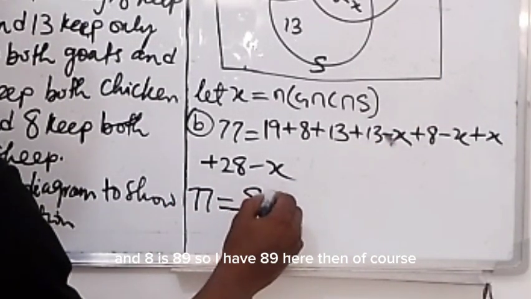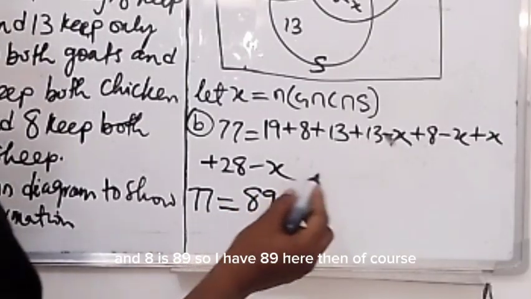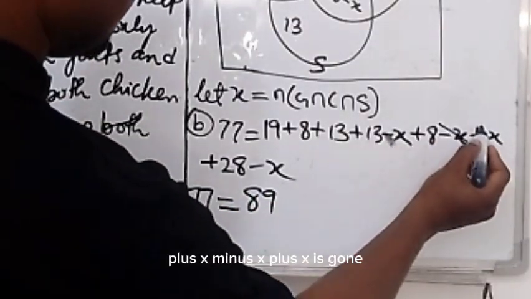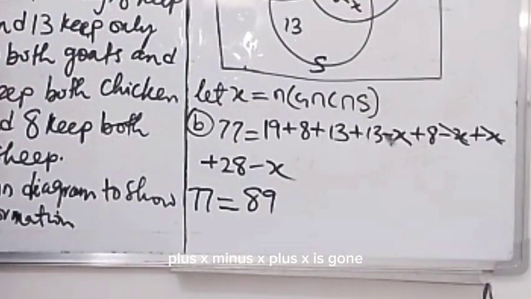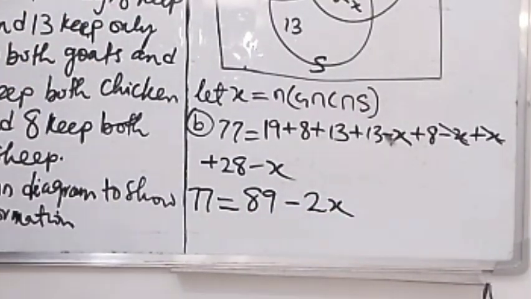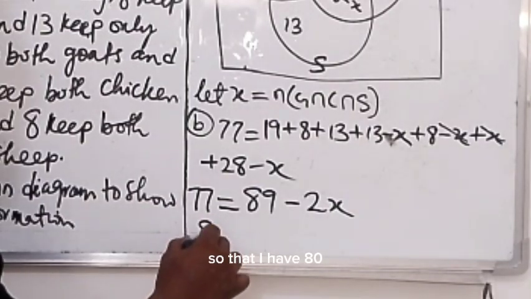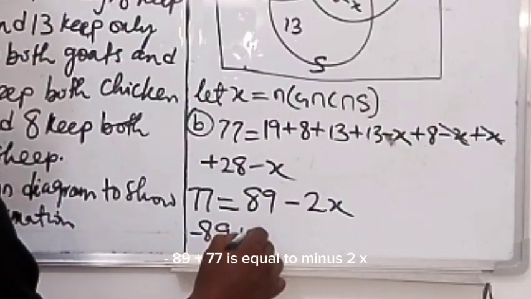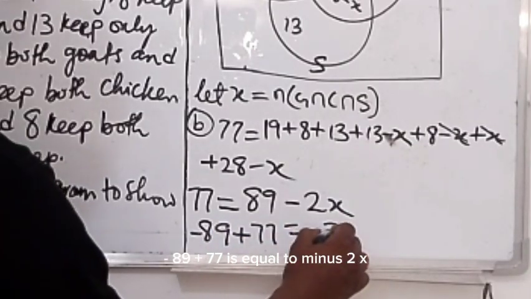So I have 89 here. Then, of course, plus X, minus X, plus X is gone. And then I have minus 2X here. So that I have minus 89 plus 77 is equal to minus 2X.